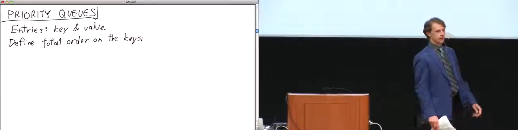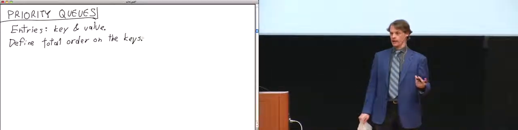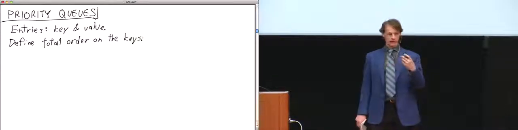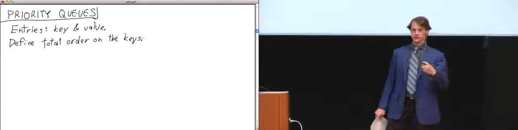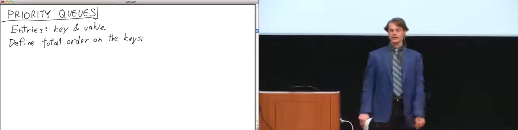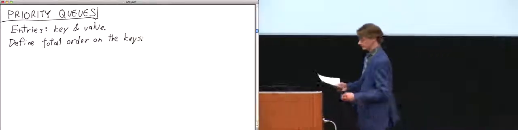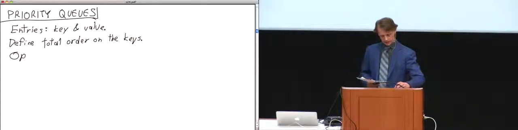Now, the main thing that priority queues allow you to do is add entries at any time and identify the key with the smallest priority, or the priority that comes first in this total ordering. And that's the only key that you can easily find, but that limitation is what makes priority queues fast. So here are the main operations you can do on priority queues.